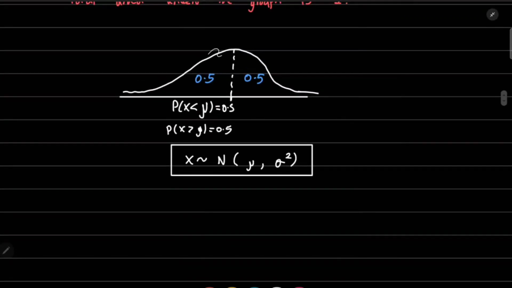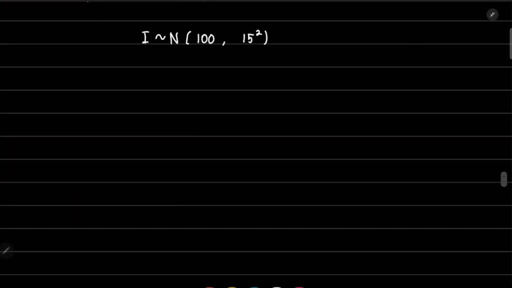However, we know that it follows this general shape, so we can use some tricks to convert every type of normal distribution into a standard one. For this, we use a standard normal curve. We denote the standard normal curve with the letter Z. Z is a normal distribution where the mean is 0 and the standard deviation, or variance, is 1.